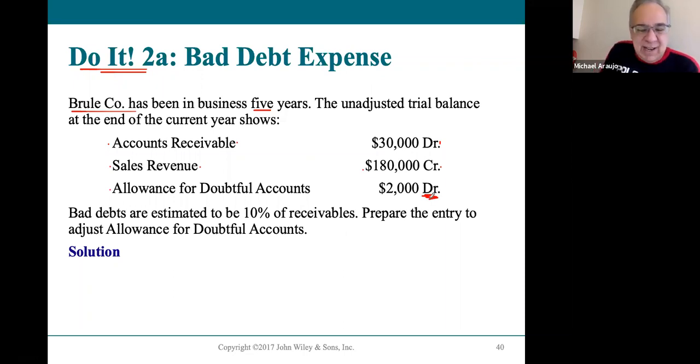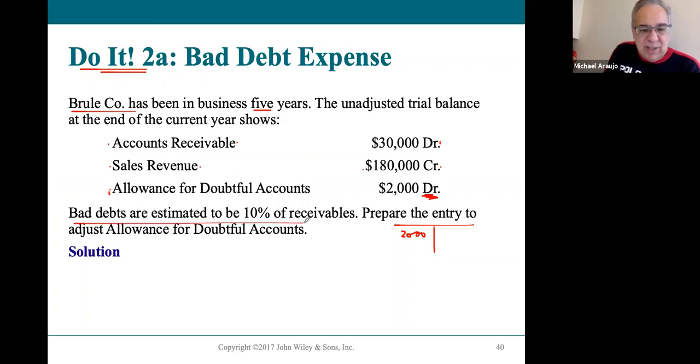Our allowance account usually has a credit balance, right? So if you look at the allowance account, what you see here is there's a $2,000 debit balance in there. That's what this says in the allowance account. Well, that's a problem because the allowance account is a contra asset. It's going to have a credit balance. So what should the balance be?